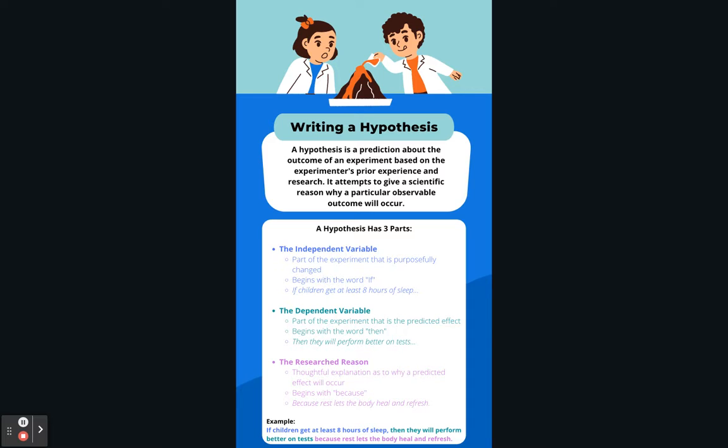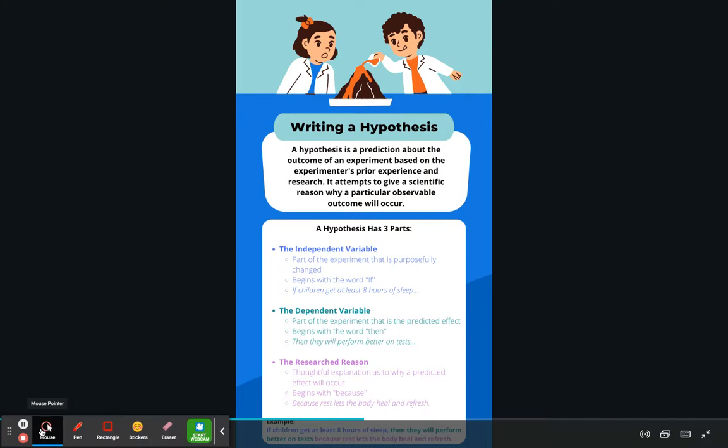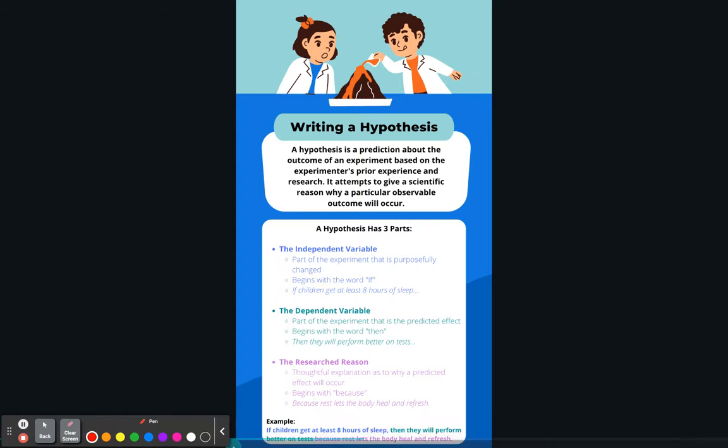So, an example is: if children get at least 8 hours of sleep, then they will perform better on tests because rest lets the body heal and refresh. So if I were to go through this really quickly, you can see the independent variable is in blue. This starts with the word if.